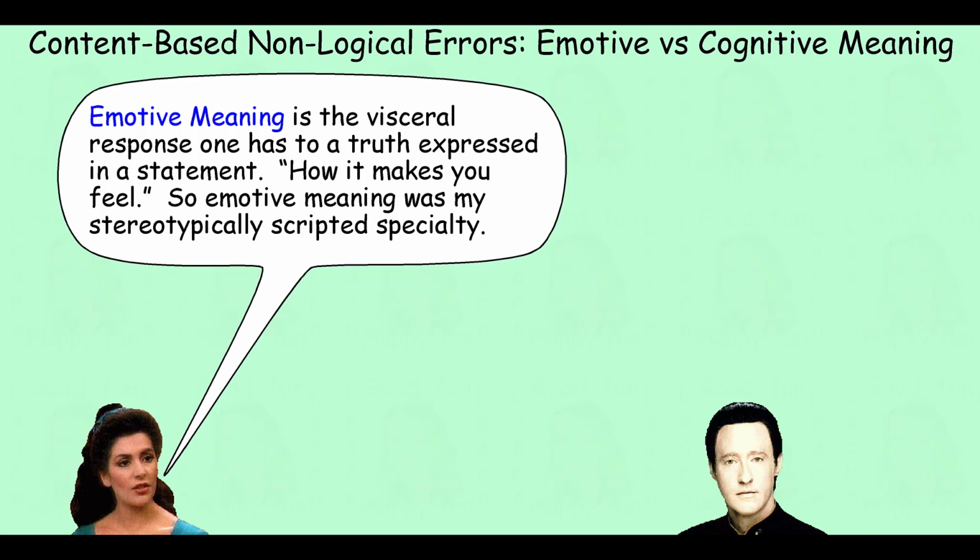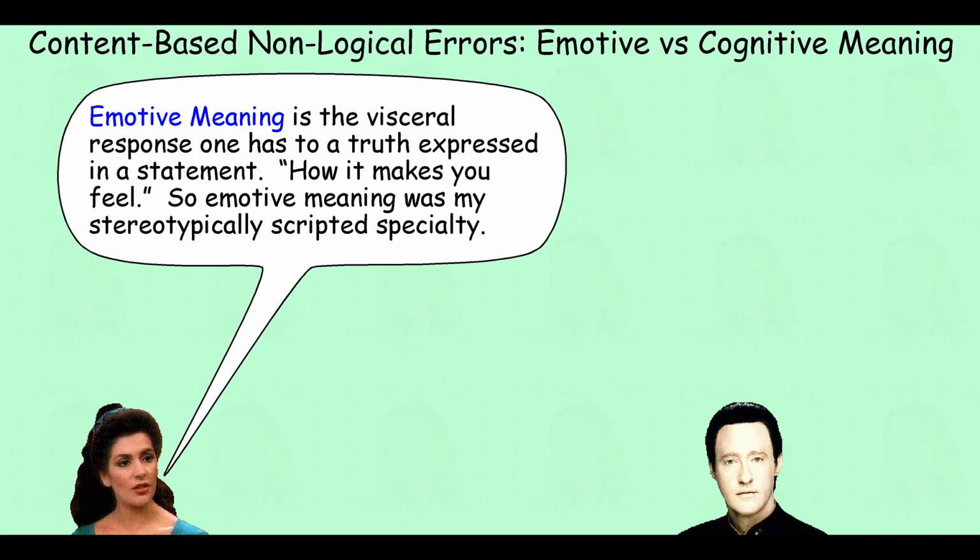And so in popular culture, these things are sort of misportrayed and stereotyped. In Star Trek The Next Generation, we had Data, the robot who had no emotions, who was pure reason. And then we had the stereotypically and sexistly scripted Counselor Troi, who could feel things. It was an empath. But in reality, everyone is processing emotional and cognitive information, integrating it in their perceptions, in their actions all the time.